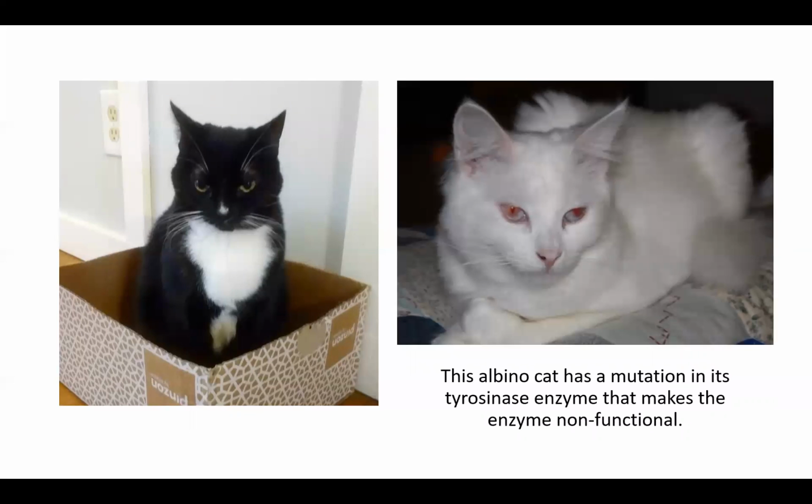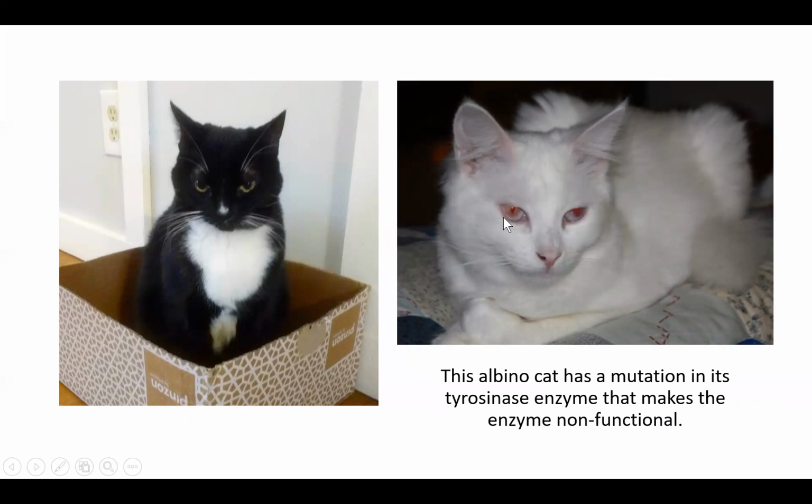And that's how we end up with albino kitties. So this adorable albino kitty could have the same pigmentation as my kitty, except this cat doesn't have a functional tyrosinase enzyme and is unable to make fur color.